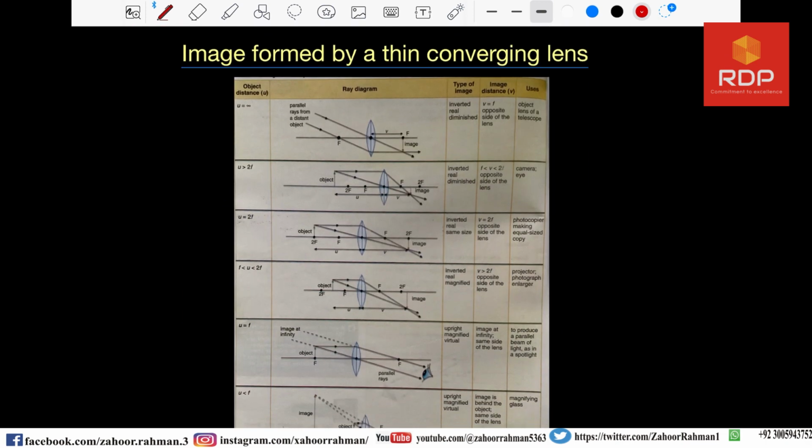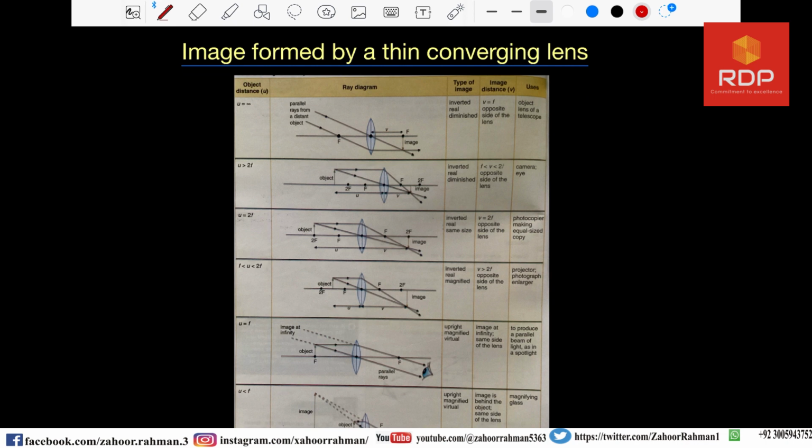Dear students, another very important topic, and in this topic the most important things are the characteristics of the converging lens. Questions are always given from the converging lens from this table.